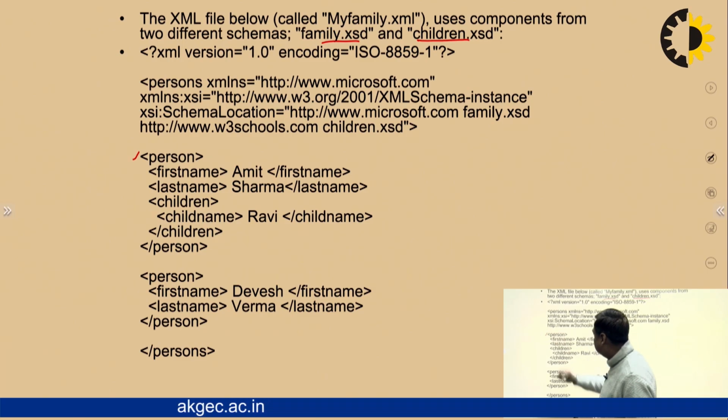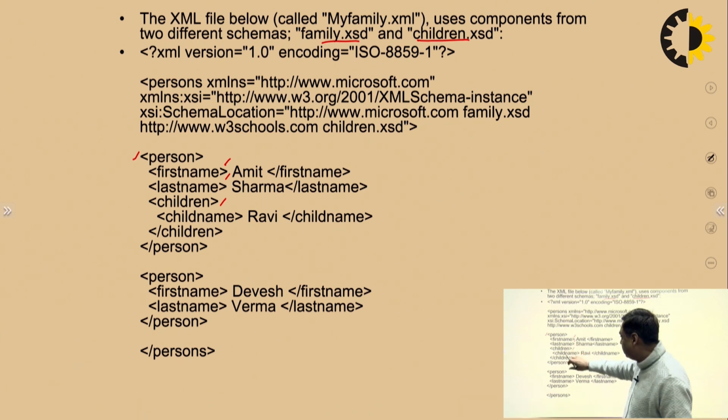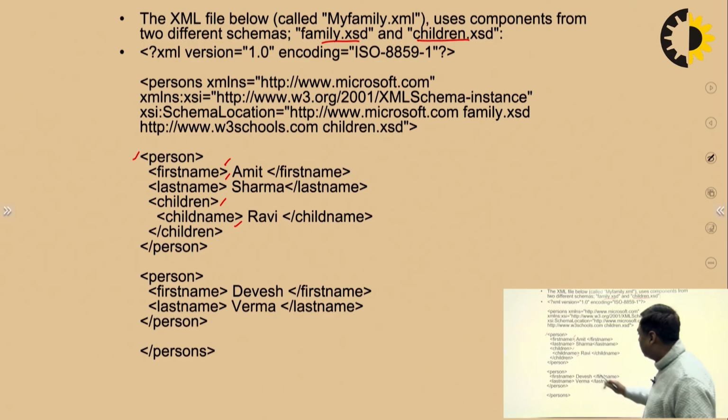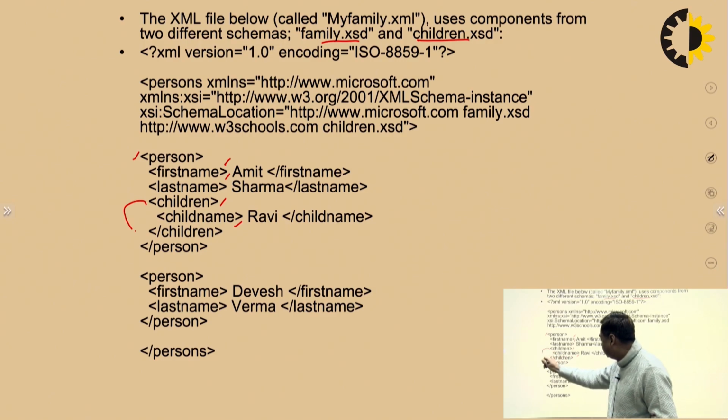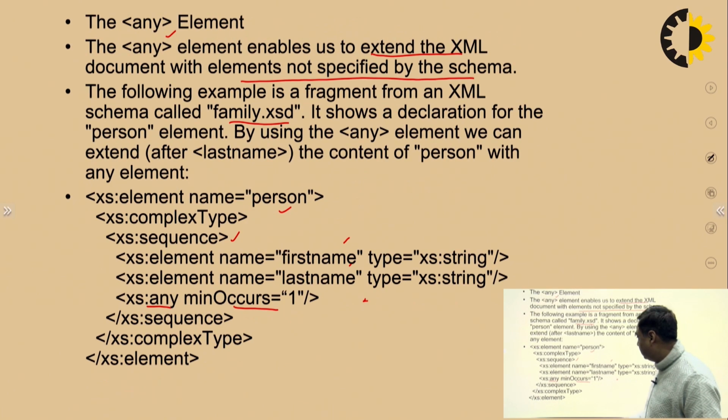We have the person element, we have the first name and last name, and we have a children element, the any element. Because of the any element, we are able to write the children here. In the children, we can have child name. Child name may be 1, it can be more than 1, because unbounded is mentioned there. Now this children part is optional because of the any element mentioned here.